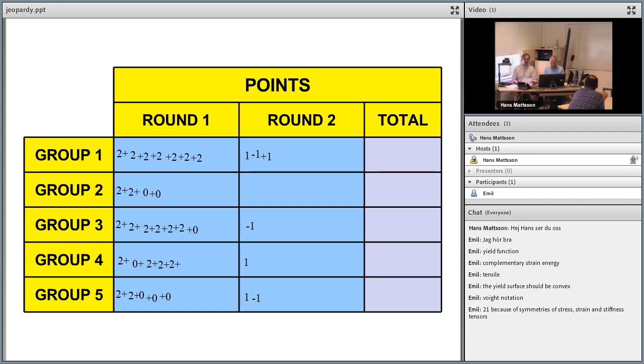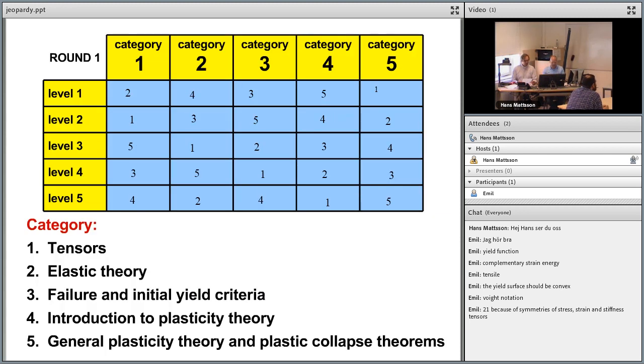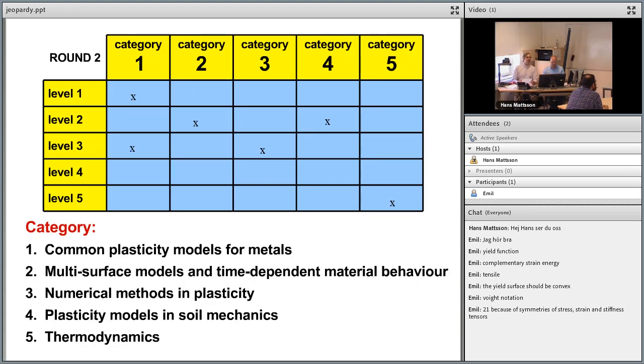I read the question again for group number 2. Correct. The circle becomes a cylinder, and it's also centered along the stress space diagonal. Good. 1 point. Choose question.